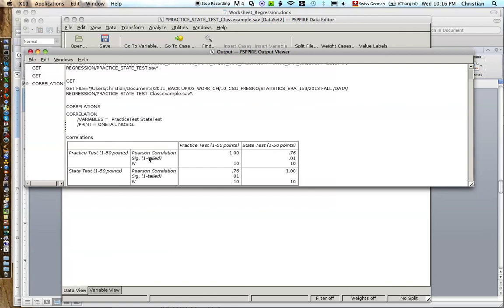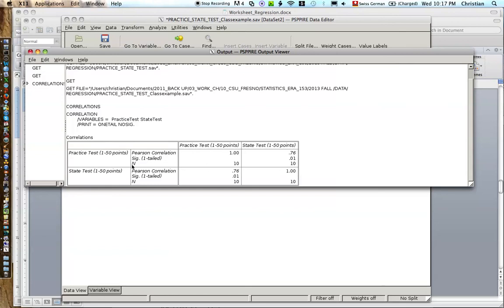And then the second line here is the one-tailed significance, 0.01. So you see this is a significant correlation, right? It's smaller than 0.05. And then we also see the n, which is 10. So to summarize, the correlation between practice test and state test is 0.76 and the significance is 0.01.